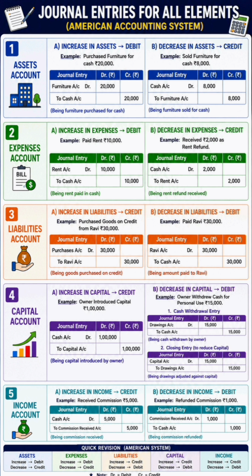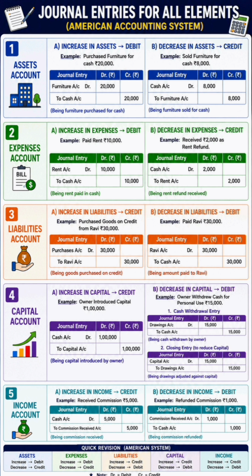So drawings account should be debited. You have withdrawn the cash for personal purpose. So what is the entry? Drawings account you are debiting, because that decreases the capital, and cash also decreases because you withdrew it for personal purpose. So cash account you are crediting. Drawings account debit to cash account.